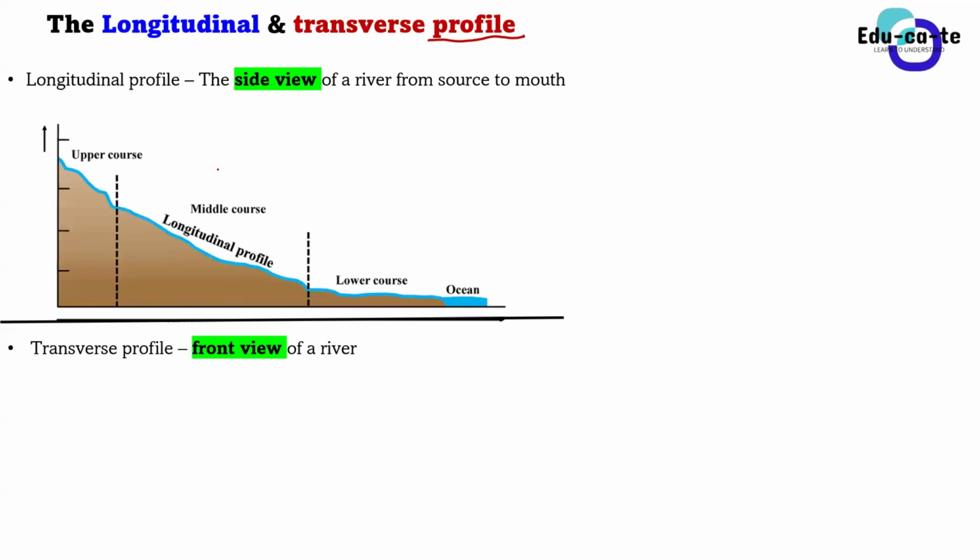Let's just get that definition. Whenever we define the longitudinal profile of a river, we define it as the side view. So you are viewing the river from the side, right? From the source to the mouth.